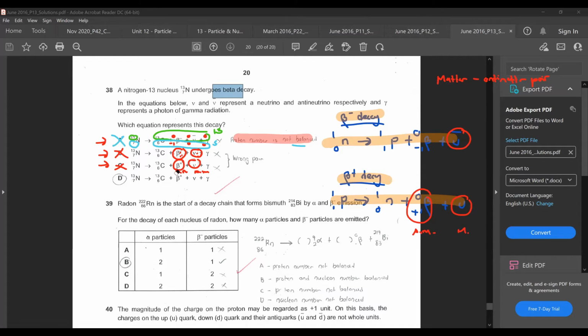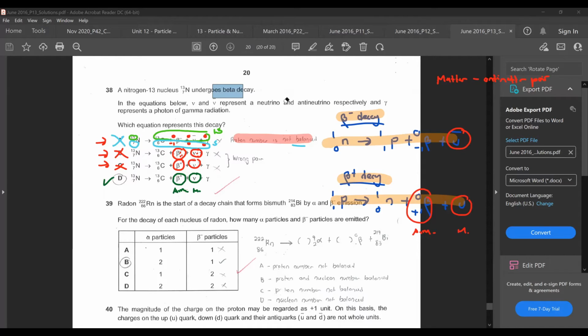Then you look at the last one. D, by process of elimination, should be the correct one, but we can try and check from here. Beta plus particle, it has a neutrino, so this one is antimatter, this one is matter, so everything checks out. But let's check whether the proton number and nucleon number are conserved.